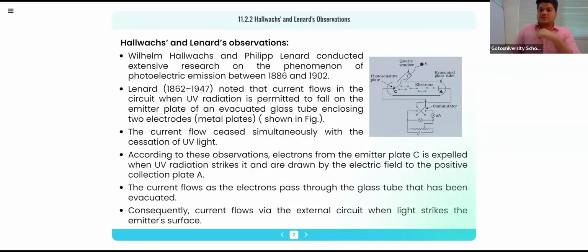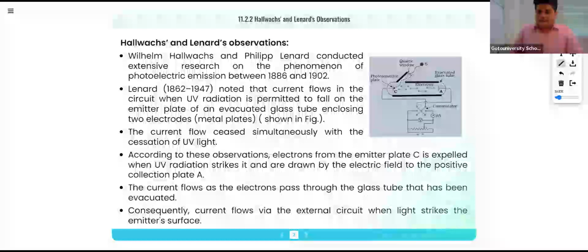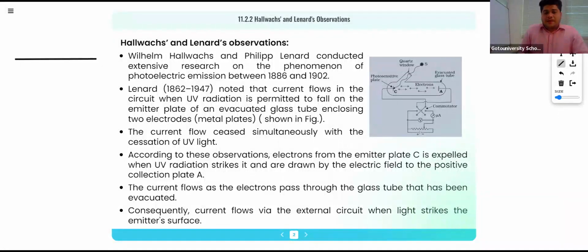See, what is there in this topic? We have the same evacuated chamber, and I'll draw it here somewhere.